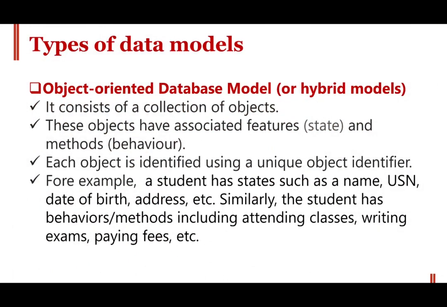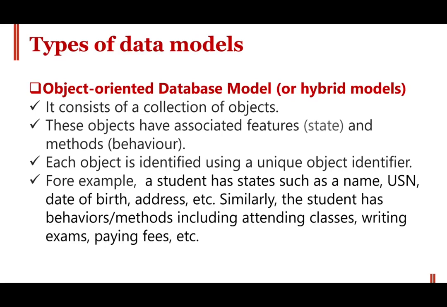The last model, not the last, the one before the last model that we are going to address here, is the object-oriented dataset or database model, which is sort of hybrid. It consists of a collection of objects, and these objects have associated features, states, and behaviors, as you could see in the object relational one.